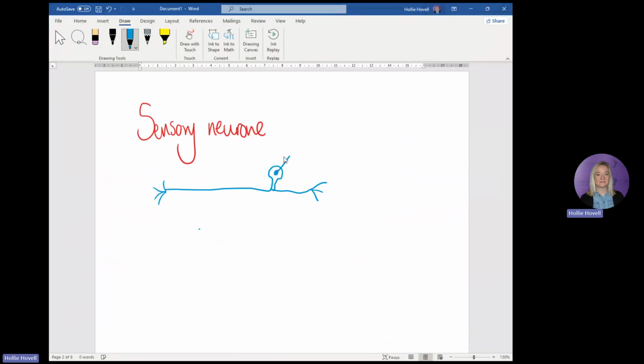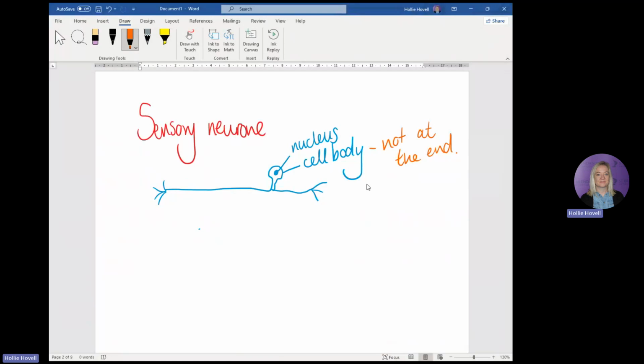All right, so wherever the nucleus is, the little bit around that is called the cell body. And in the sensory neuron, the way to recognize it is that the cell body is not in the middle of the neuron. Okay, so it's not at the end, it's in the middle somewhere.